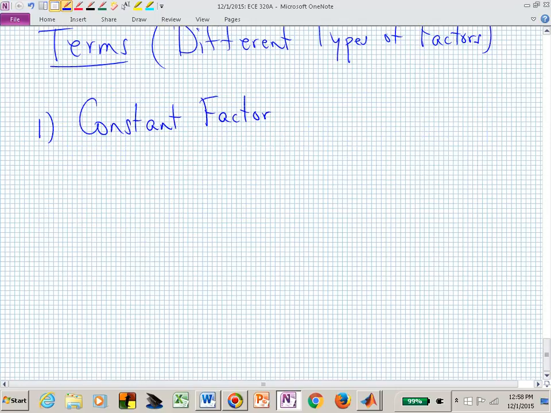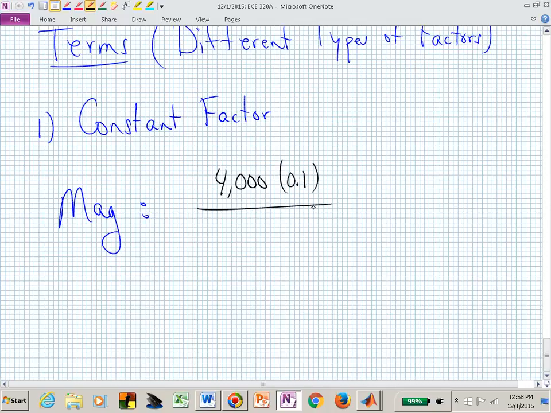All right, constant factor. What's the magnitude? We had a 4,000 to begin with, and we factored out a 0.1 from the linear zero factor. Downstairs, we had a 200 and a 100 that we factored out.